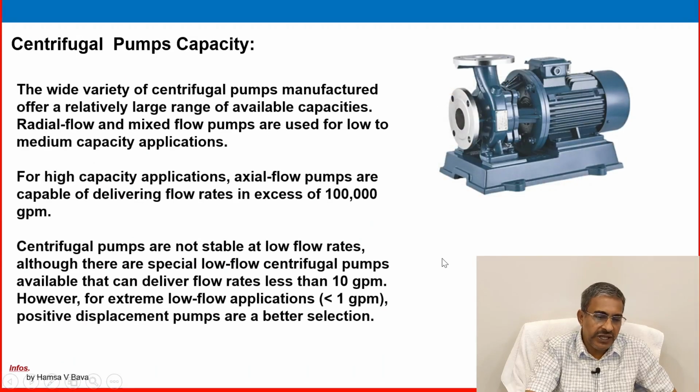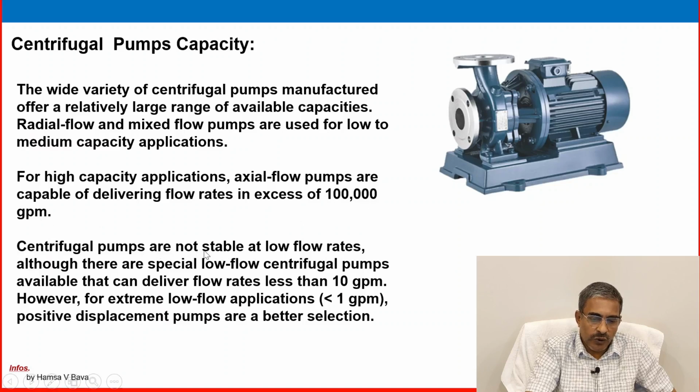Centrifugal pump capacity: the wide variety of centrifugal pumps manufactured offer a relatively large range of available capacity. Radial flow and mixed flow pumps are used for low to medium capacity applications. For higher capacity applications, axial flow pumps are capable of delivering flow rates in excess of 1 million GPM.